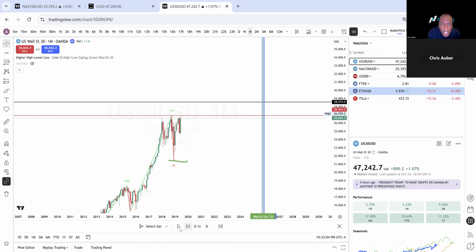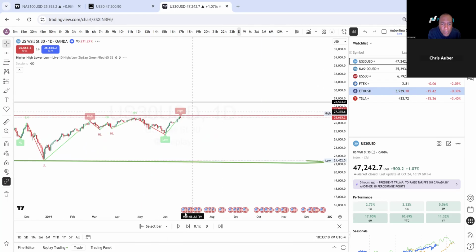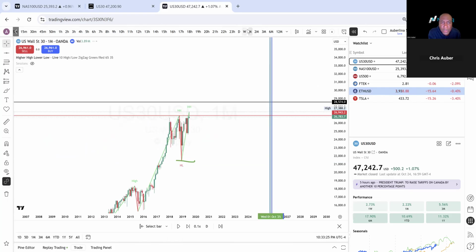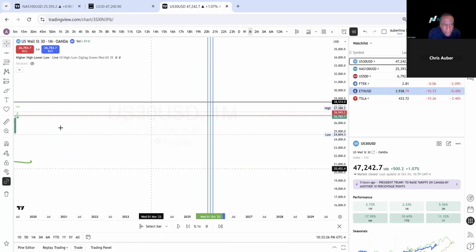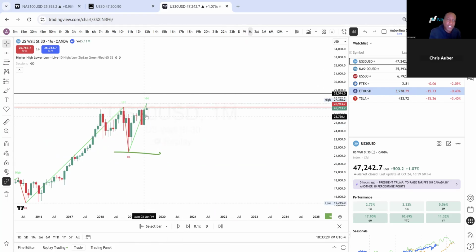So once it broke that line, it's going to be the higher high on the monthly. Watch this. Okay, there we go. All right, let's look at the monthly. Okay, here we go. Now, price is here, take profit hit.